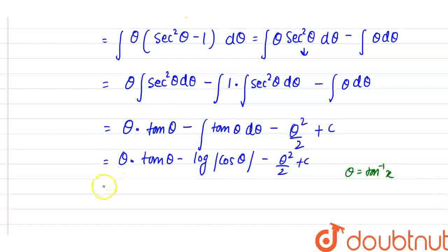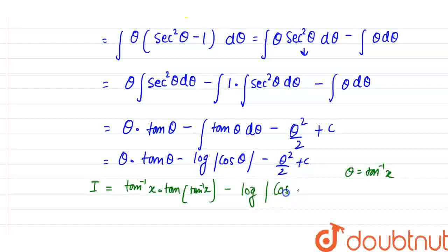So we are just substituting it in this, so I is equal to tan inverse x into tan of tan inverse x, minus log of cos tan inverse x, minus tan inverse x whole square divided by 2 plus c, because c is our arbitrary constant.